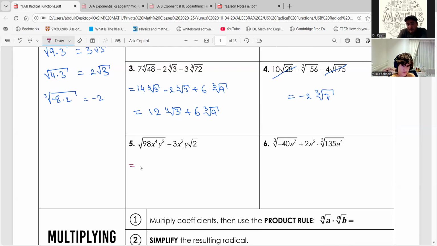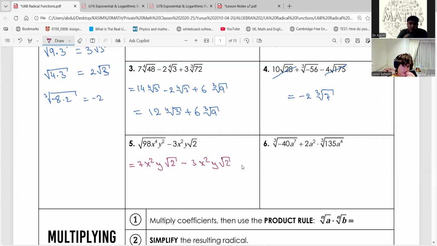So if you simplify this, square root of 49, it is 7. Square root of x to the power of 4, it is x squared. Square root of y squared, it is just y. And under the square root, we have only 2 left, right? And the second one, minus 3x squared y, and the square root of 2, right?